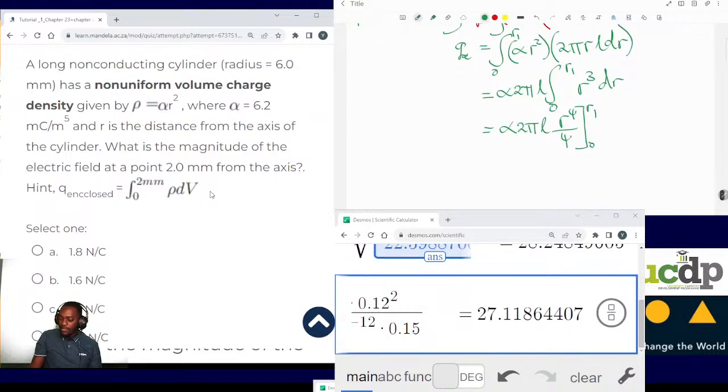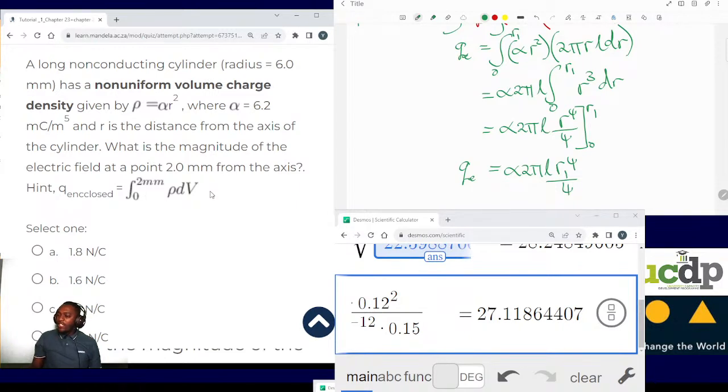If you substitute the limits, it's going to be alpha 2 pi L r1 to the 4 over 4. If you put 0, obviously the lower limit will give you 0. So this is our charge enclosed.